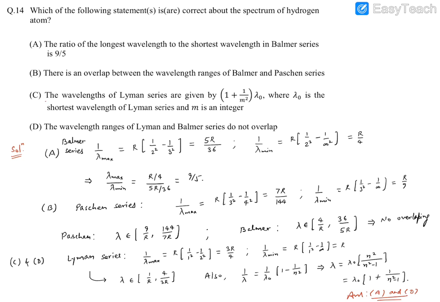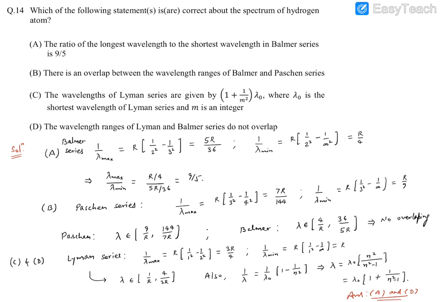Then option C says that in the Lyman series, wavelengths can be given by this expression, where lambda naught is the minimum value or shortest wavelength. So consider the shortest case. The shortest wavelength is 1 upon R, and as per the formula, 1 by lambda is equal to R times 1 upon 1 square minus 1 upon n square. Now R can be replaced as 1 upon lambda naught because lambda naught is the shortest wavelength. From here we can turn it upside down, so lambda is equal to lambda naught times n square divided by n square minus 1.